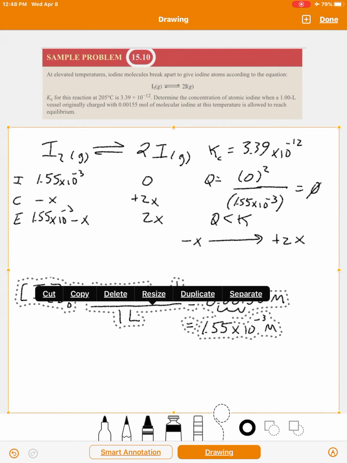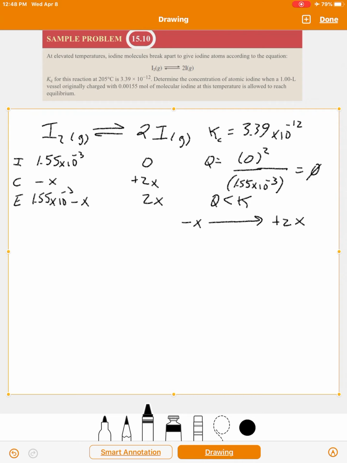Now we set it up just like we've done before. Kc is 3.39 times 10 to the negative 12, and that would be equal to, again, products over reactants. So 2x squared, don't forget this squared, because of the way we define the equilibrium constant and the reaction quotient, we have to raise it to that power.